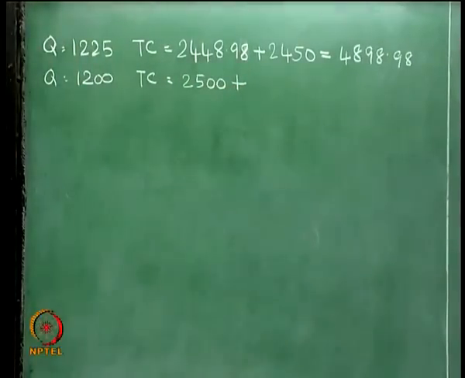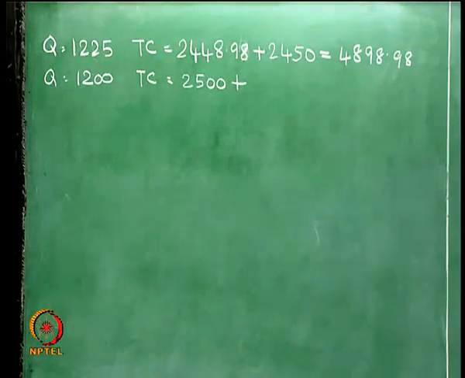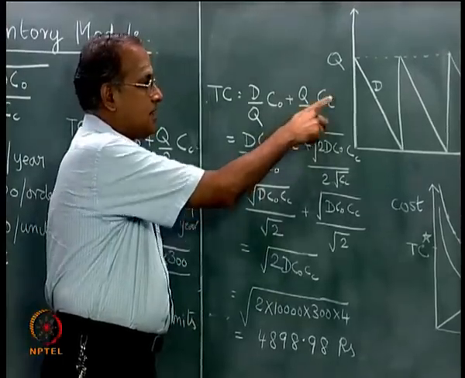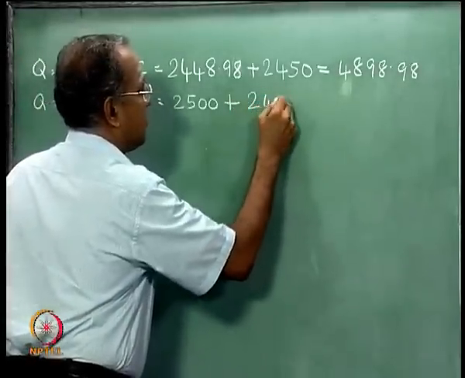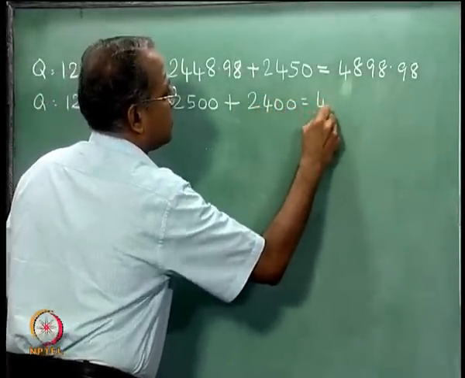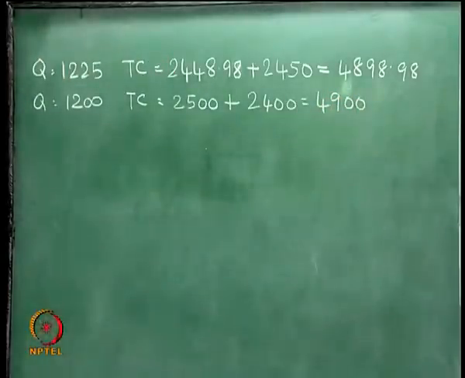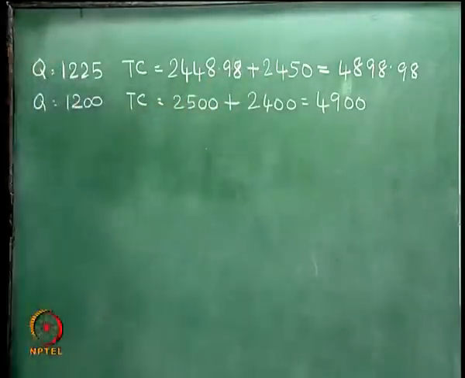plus, here we have 1200 by 2 is 600, 600 into 4 is 2400, which is equal to 4900. Now here I am specifically showing the order cost component and the carrying cost component.